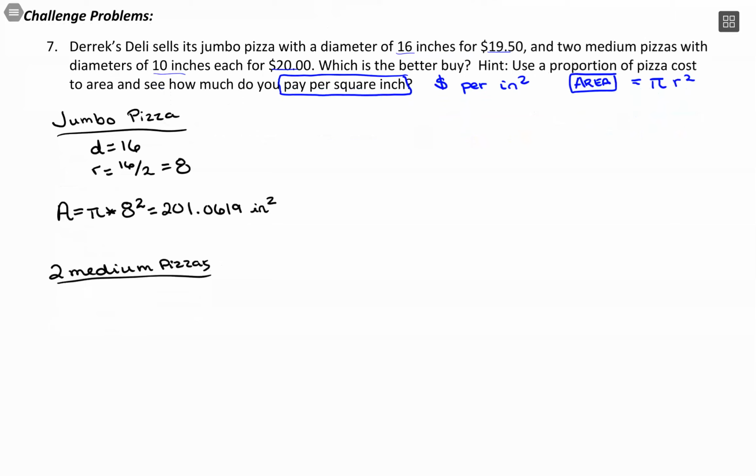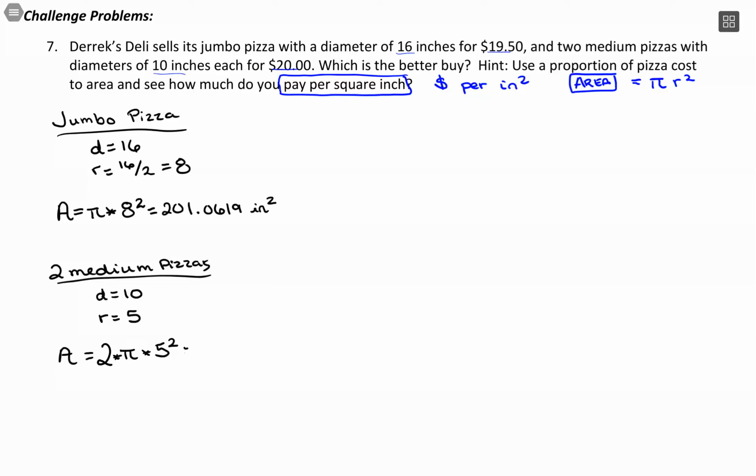For 2 medium pizzas, so a medium pizza is 10 inches in diameter, so the radius is 5. So for the area of one of the medium pizzas, we would take pi times 5 squared. So that would be one of the medium pizzas, but we have 2 of them. So what we're going to do is multiply this by 2 to double the area.